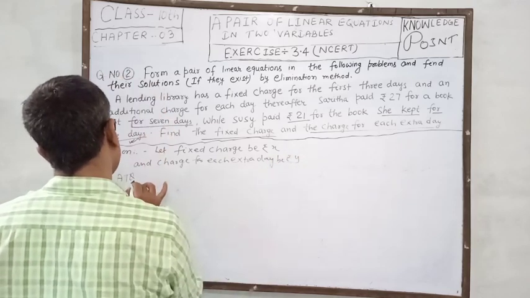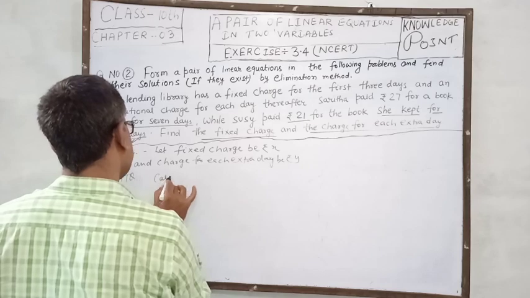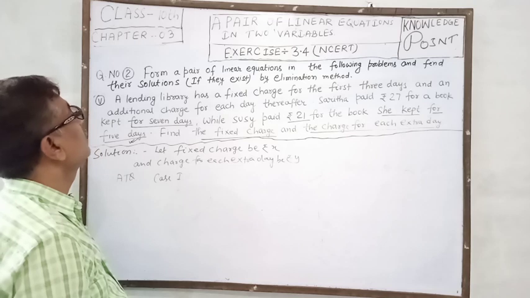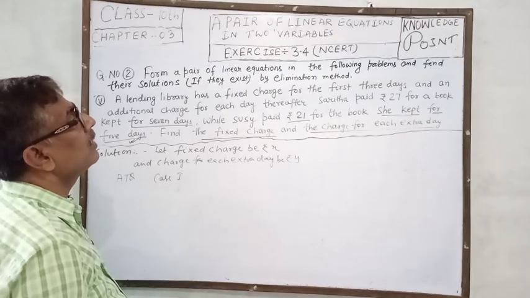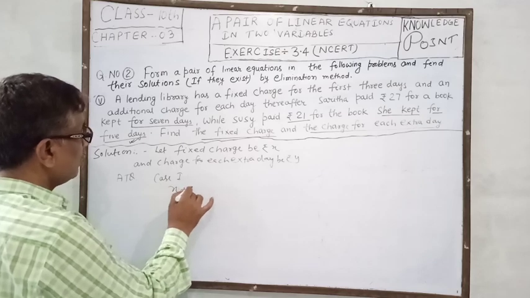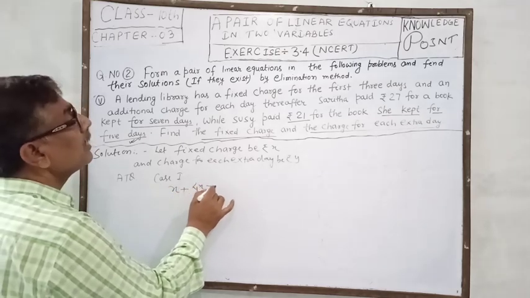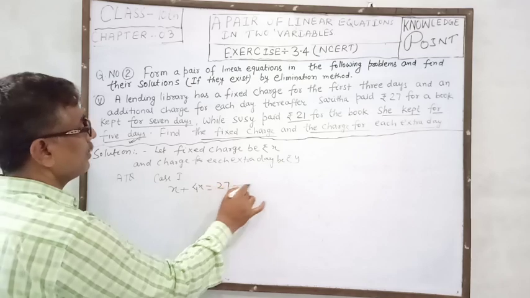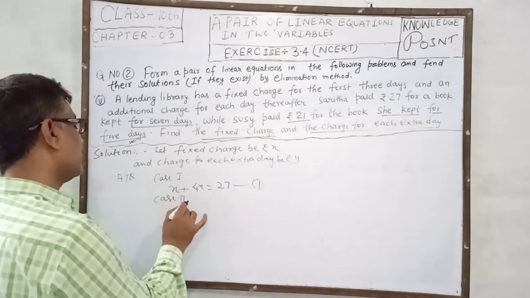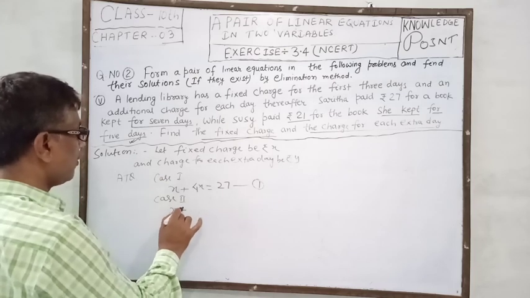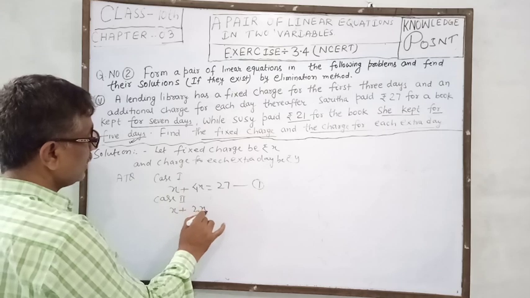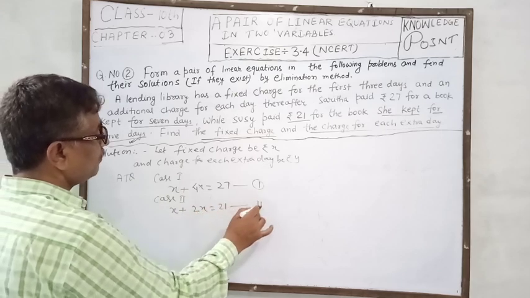According to the question, case first says 7 days, that means 3 days x plus extra 4 days y is equal to 27. Again case second, for 5 days, that means for 3 days x and 2 extra days, 21.